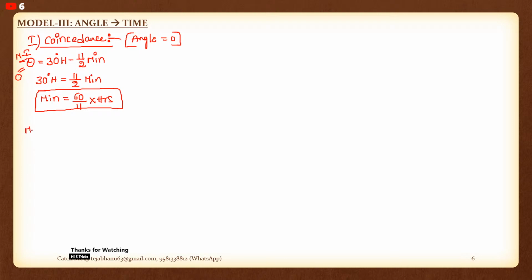If you consider method 2, that is, in order to cover 60 minutes spacings, we have to cross 55 minutes spacings.